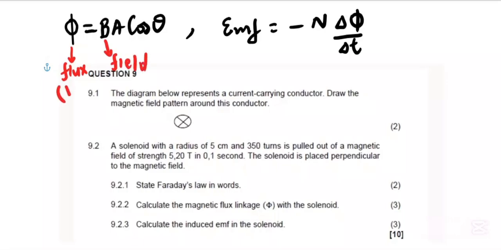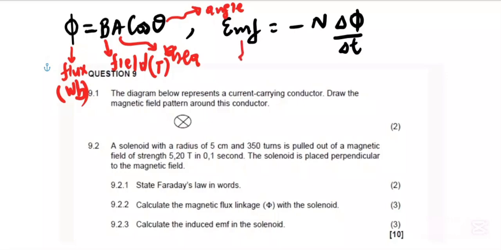The magnetic flux in SI units is Webers, and the magnetic field is in Teslas. A represents the area of any shape. Theta is an angle between the normal and the magnetic field.